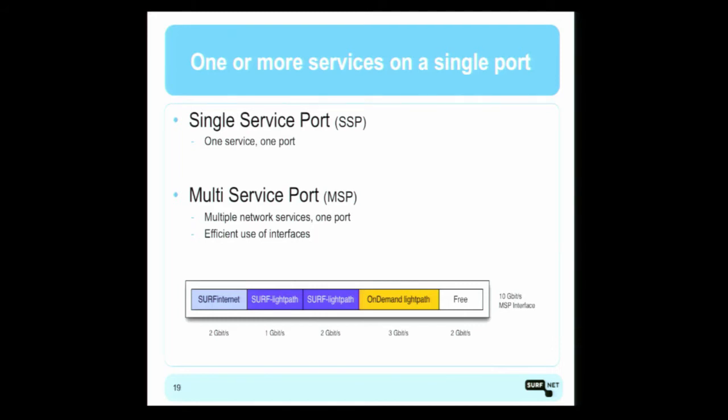It's a fixed price, or actually it's included in their contribution, and they can activate those light paths free of charge. That's the whole concept of the MSP. If you buy an MSP from SURFnet, you've got a port, and you can use it whatever you like. We hope to see an uptake in the light paths, but also in the bandwidth on demand light paths.